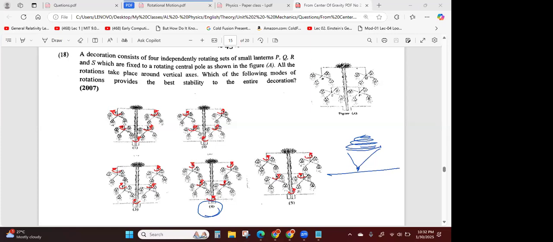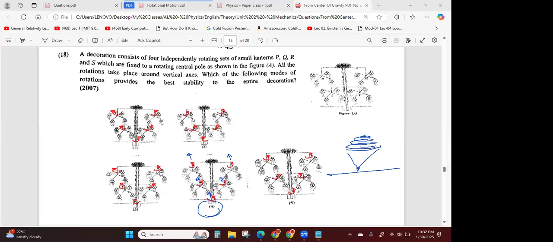Okay, so the higher the angular momentum, the more stable. Out of these, here everyone has the angular momentum in this direction. By the right hand rule, this is also up, this is also up, this is also up, and this is also up. So overall angular momentum is maximum here.